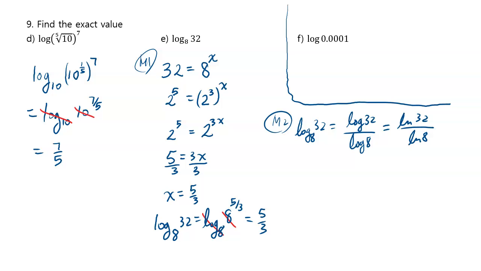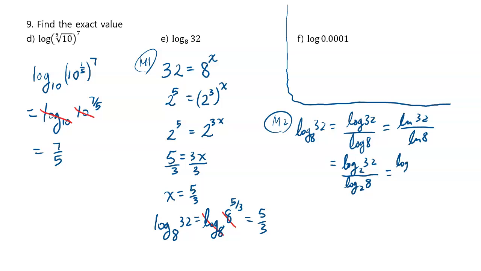So either way is fine, and actually you can use any base. So this is log with base 10, this is log with base e, but you could also use log with base 2. And we can just use this to figure this out, because log 2 of 32, what's that?